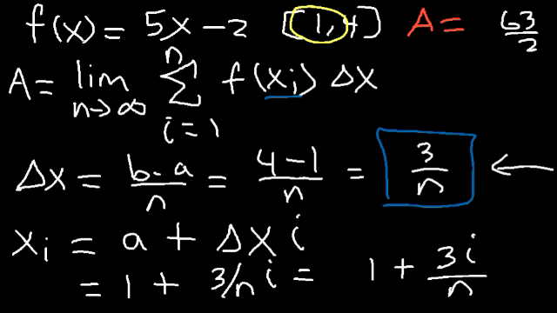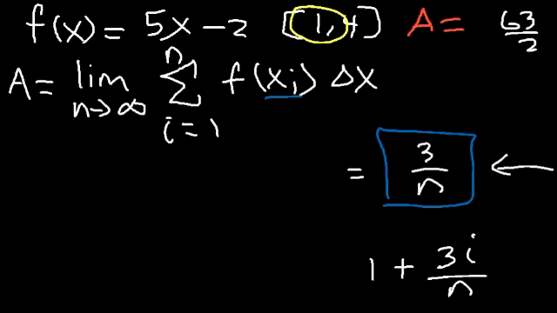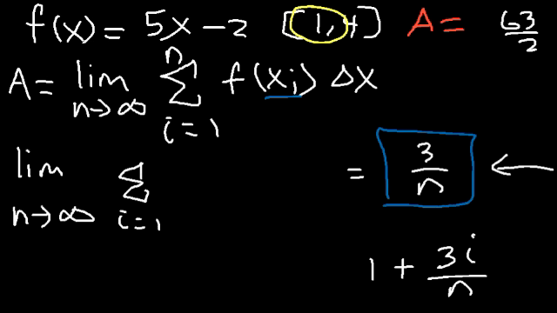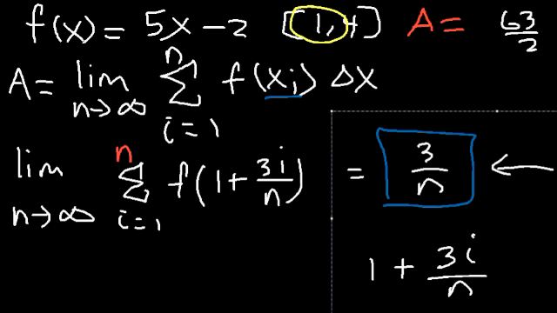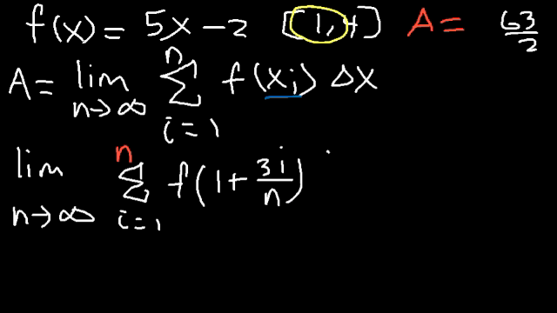So now, let's plug in that information. So we have the limit as n approaches infinity, f of 1 plus 3i divided by n times delta x, which is 3 over n.